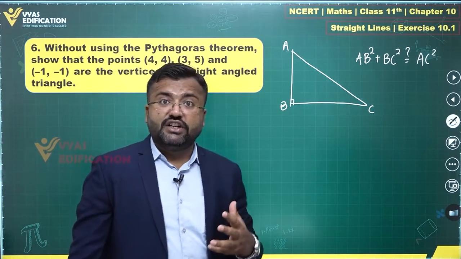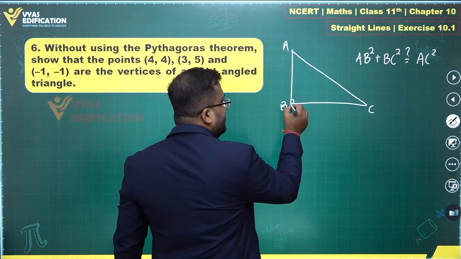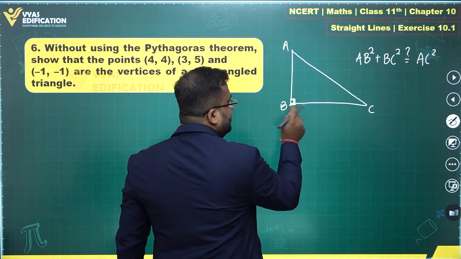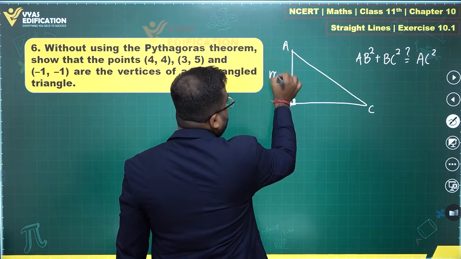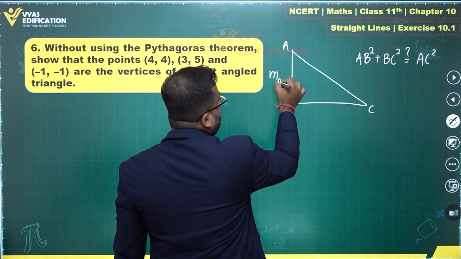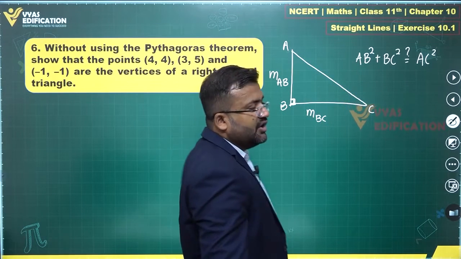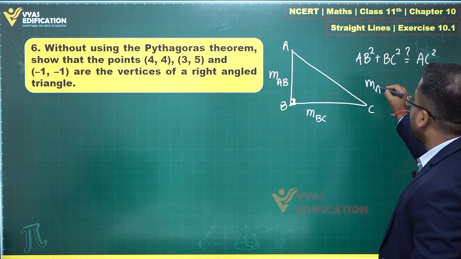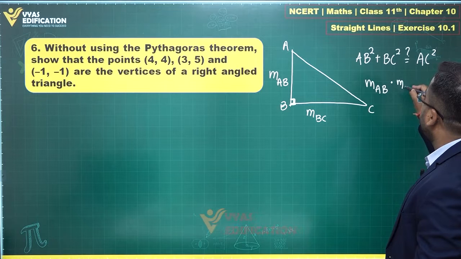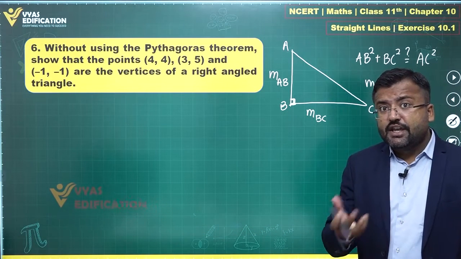Yes, maybe. Since we have studied slope now, we know that for a right angle triangle, this angle has to be 90 degrees, right? In that case, if this is line AB, the slope of AB can be found and the slope of BC can be found. So an alternative condition could be that M of AB times M of BC is equal to what?